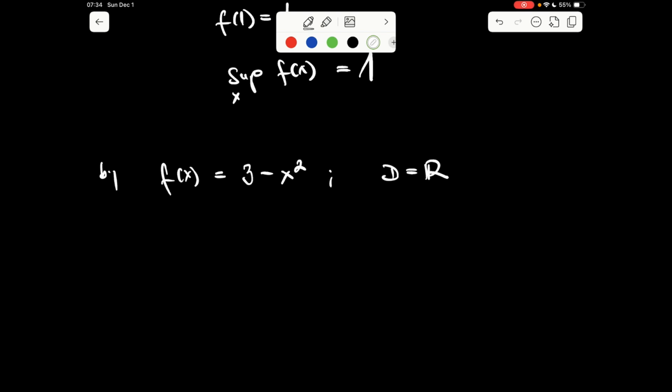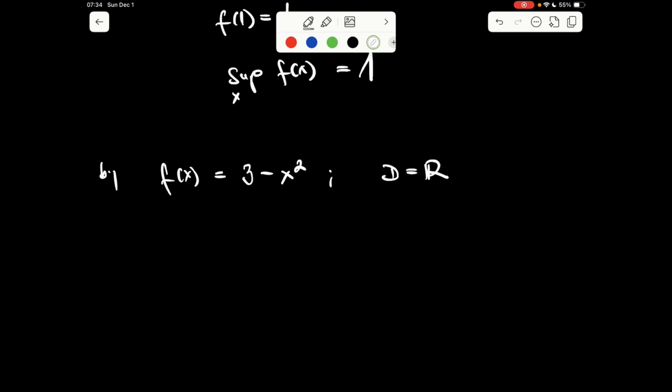At the end of the day, this is a simple, unconstrained optimization problem to find the maximum, because of the negative leading coefficient. We have a maximum.